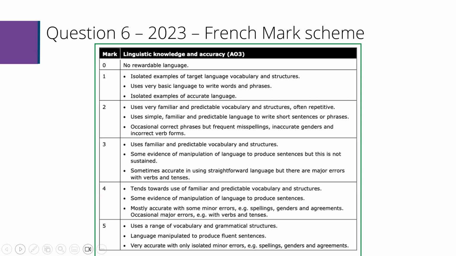But a major error is one of those things where really a native speaker reading it would stop and think and not really understand. And a major error is the sort of thing where we're not clear whether a verb refers to the first person or the third person, and this kind of thing. So we have things that are not clearly expressed.